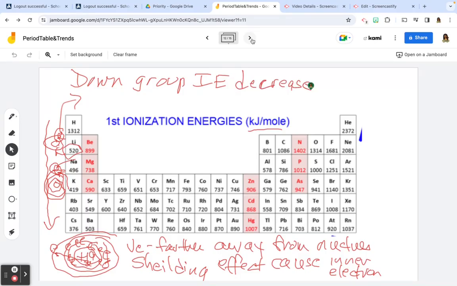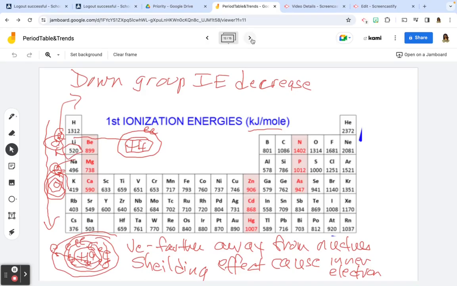All right. However, it's not the same as you go across a period. Notice again, lithium is 520, but beryllium, which is right next to it, is 899 kilojoules. And that's because there are four protons and just two energy levels with those two valence electrons.